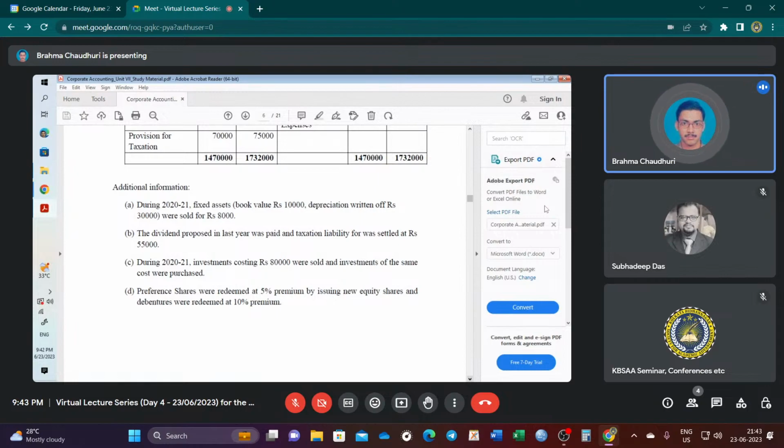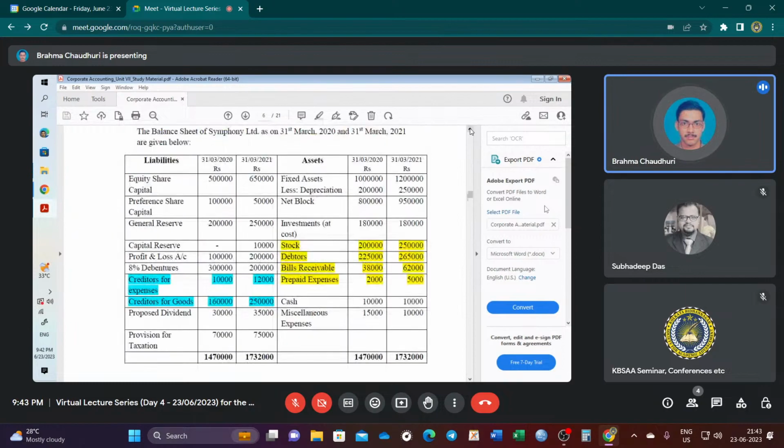The premium on redemption of preference share and premium on redemption of debenture has to be shown in the profit and loss adjustment account. And similarly, there has been an issue of new equity shares, but there is also a capital reserve of 10,000. So how this capital reserve has been arrived at, that also we will have to take into consideration.